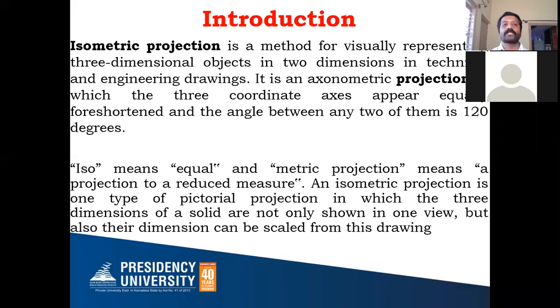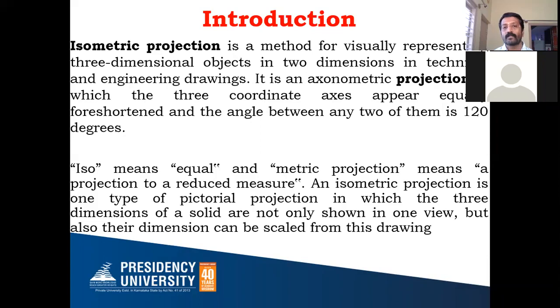For isometric projection, first we will discuss what is isometric and then we'll come back to the projection. Iso means equal, and metric projection means the projection which is not to the actual scale but drawn to a reduced scale. So this is called isometric projection.